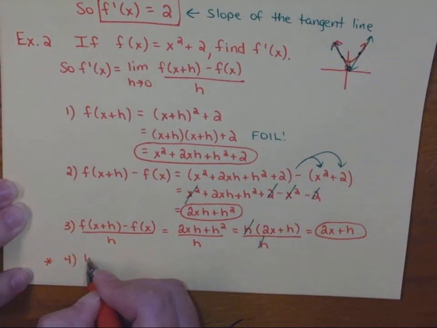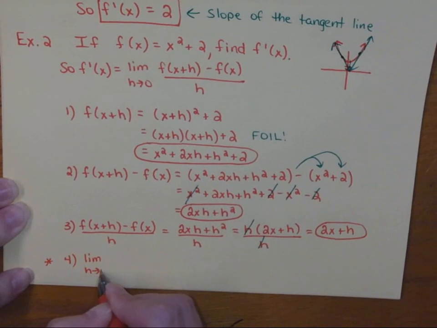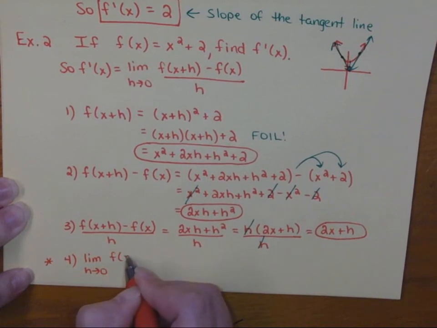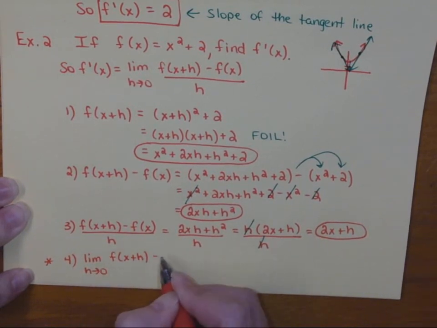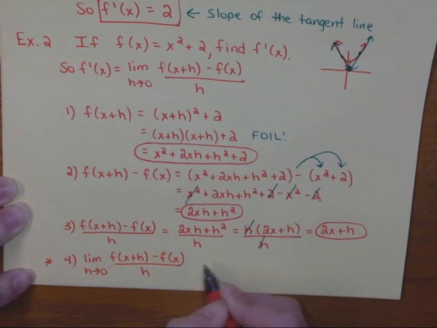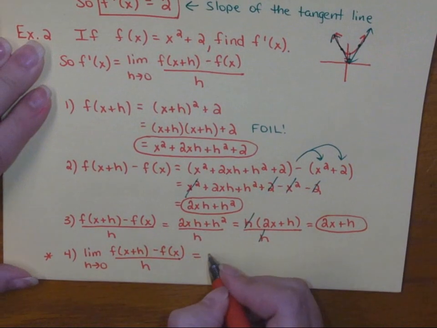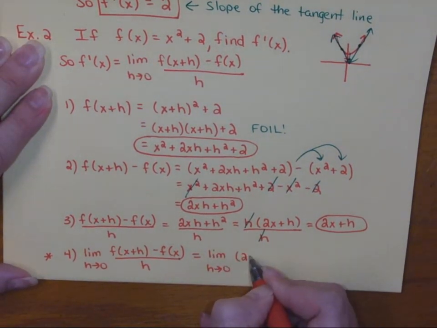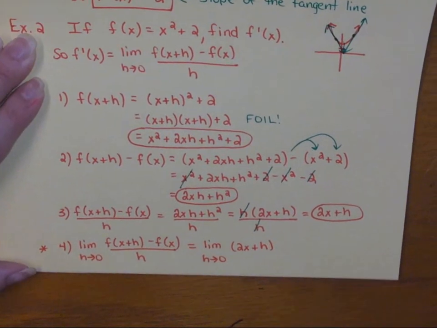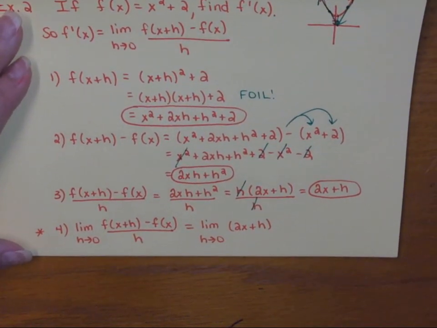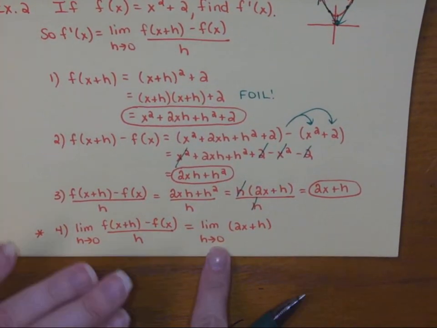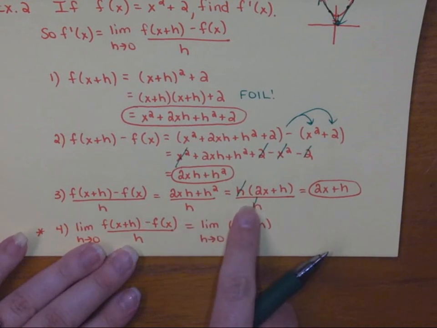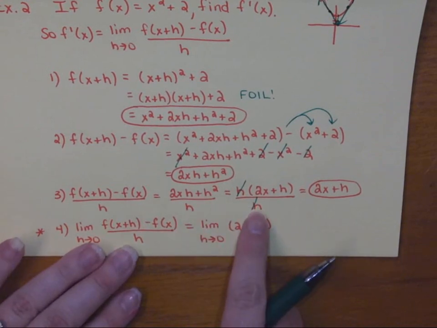So the last step is to take everything you just did and find the limit as h approaches 0 of it. So in other words, we're going to do the limit as h approaches 0 of what we just found in step 3, which was 2x plus h. So notice here, up here, everywhere else, we would have had a problem with getting 0 on the bottom.